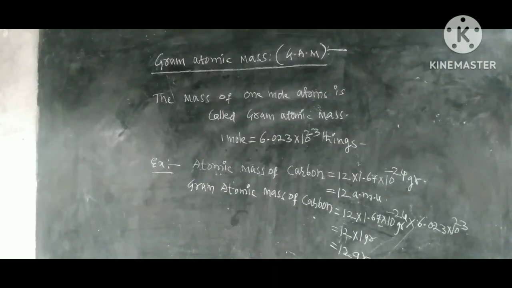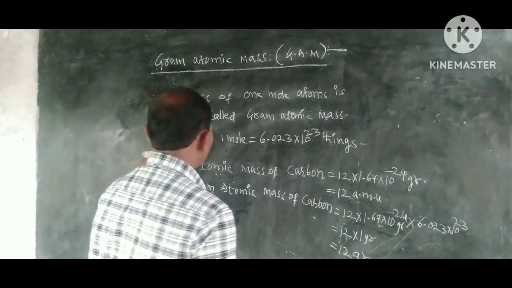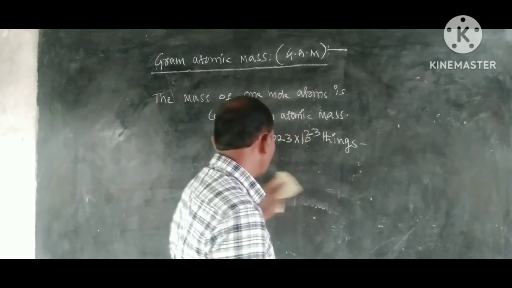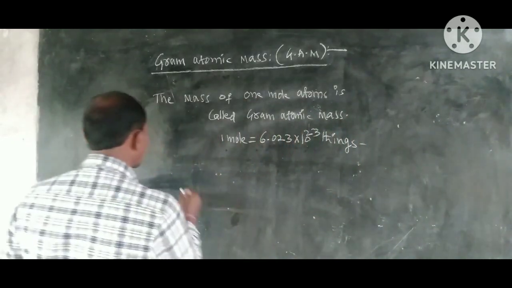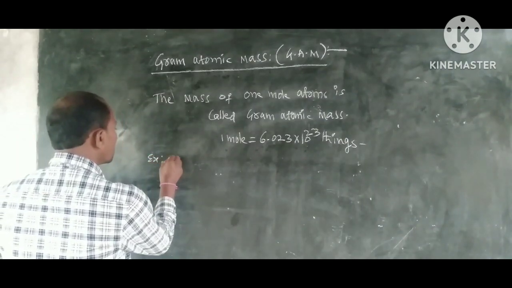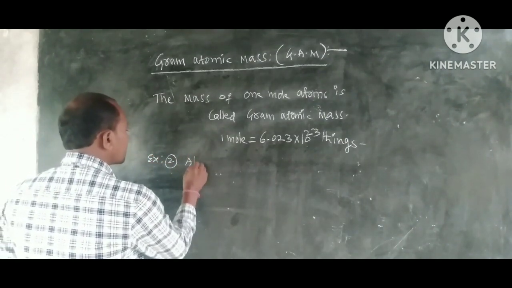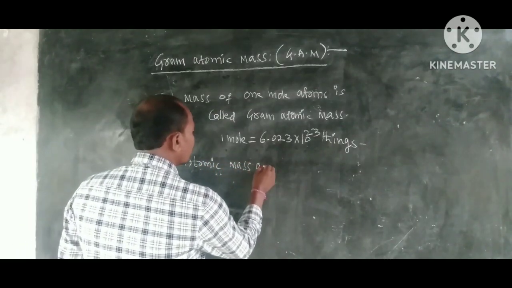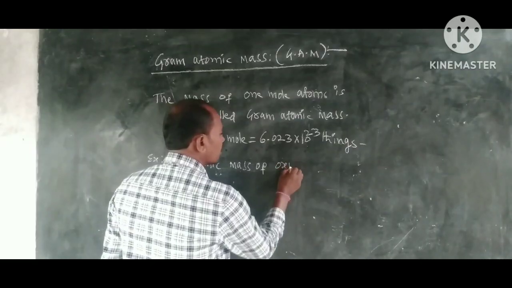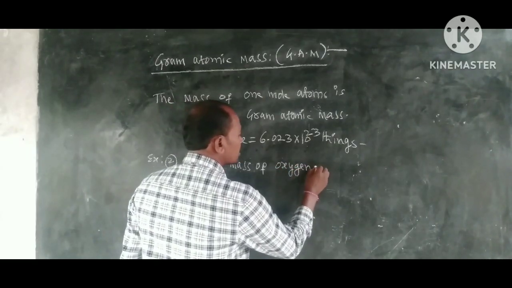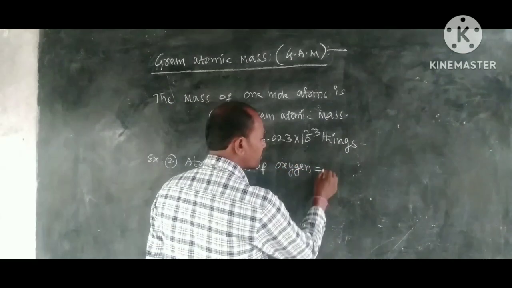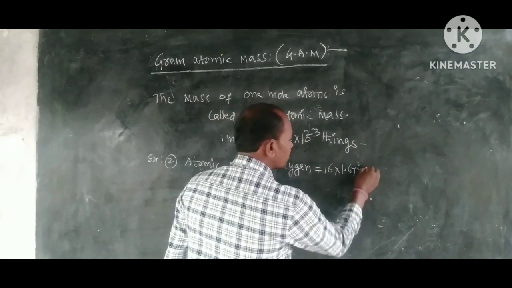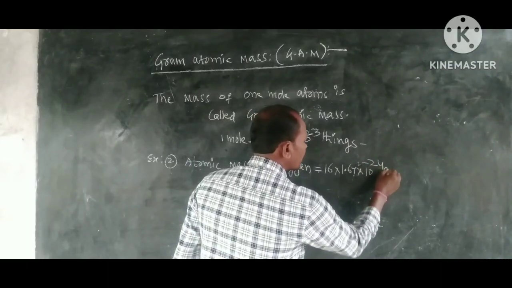And another example, second example: atomic mass of oxygen. Atomic mass of oxygen is equal to 16 into 1.67 into 10 power minus 24 in grams.